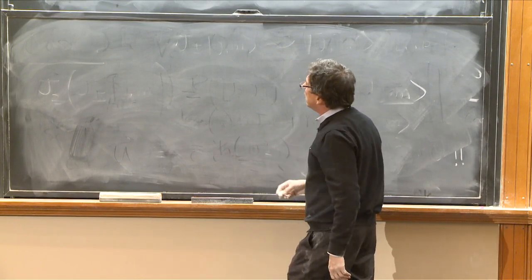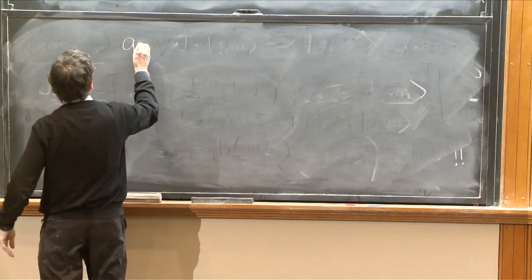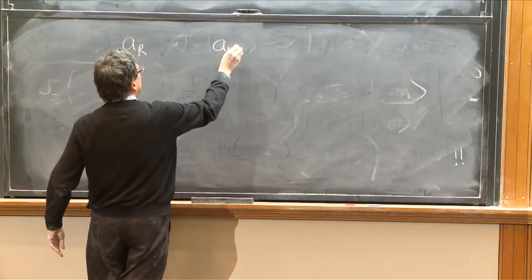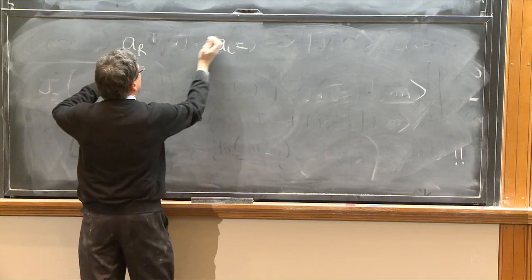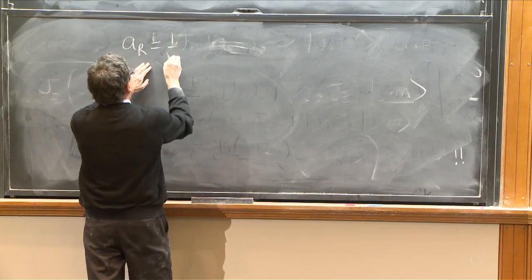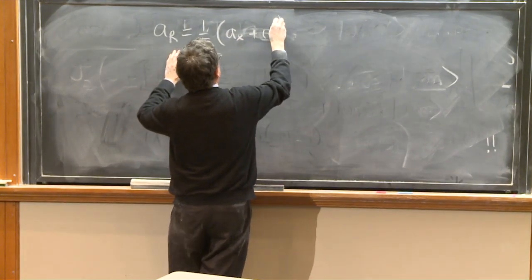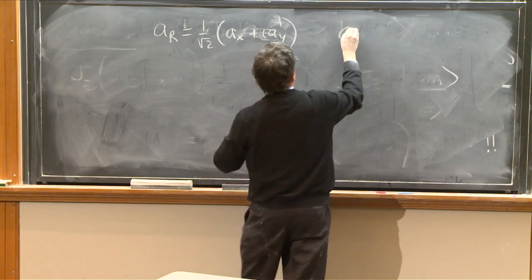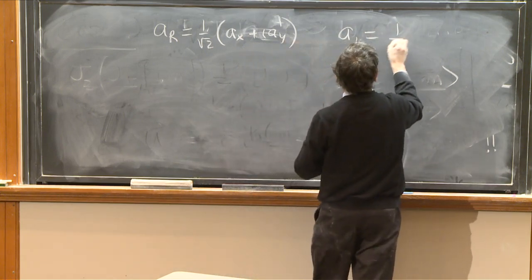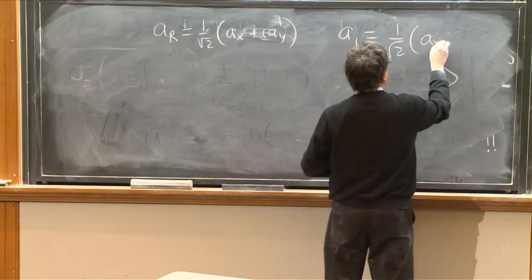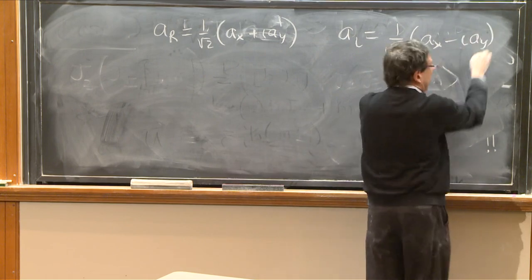Well, first thing is to put these a_R and a_L oscillators. These were 1 over square root of 2, a_x plus i a_y, and a_L was 1 over square root of 2, a_x minus i a_y.